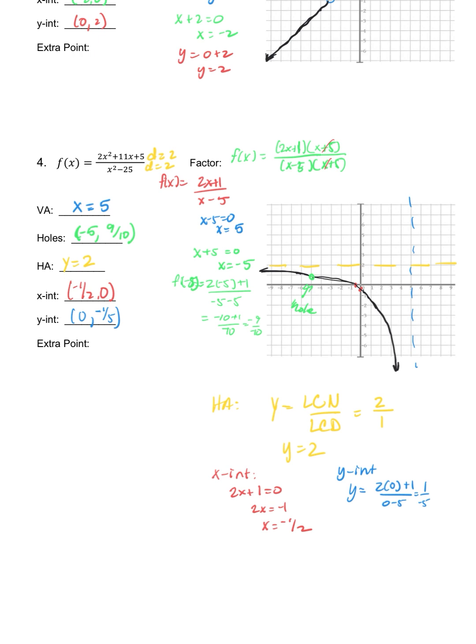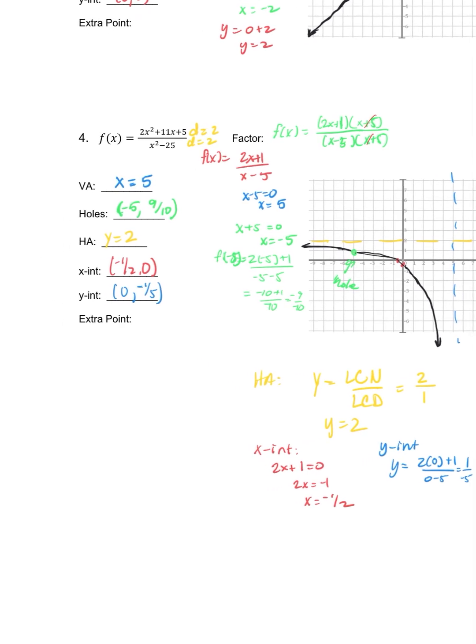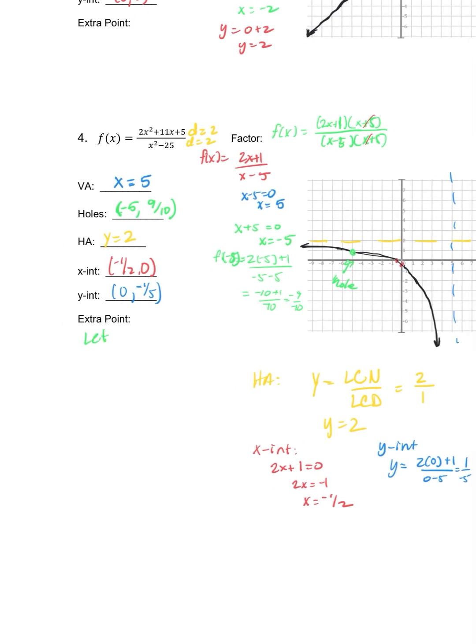Now the only thing is we need one more point, so we're going to go to the right this time because we already have a graph on the left. You can pick any values you want, but I'm going to let x equal 6 for an extra point. So substitute it into 2x plus 1 over x minus 5.